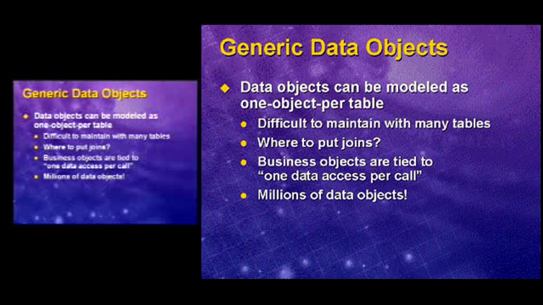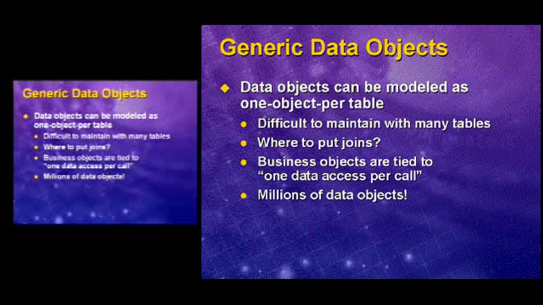Your COM+ Explorer starts to look like what those guys showed this morning in the big session, with millions of objects down the thing. So the other difficulty is, if I have one object per table, where do I put the joins? And I've actually seen some of the things, the original Island Hopper demo does this, that actually does joins in code. Probably not a good thing to do if you bought a database. That's what you bought it for.